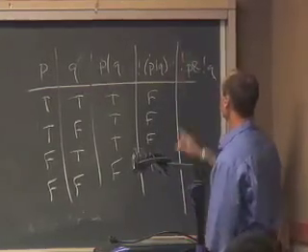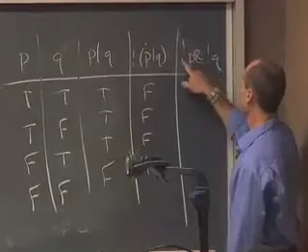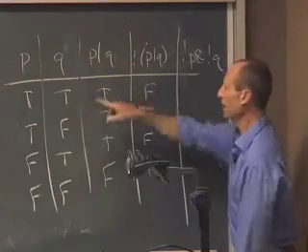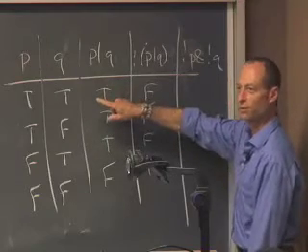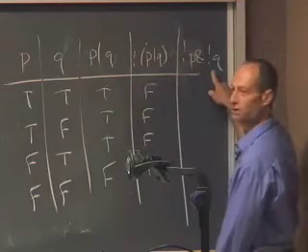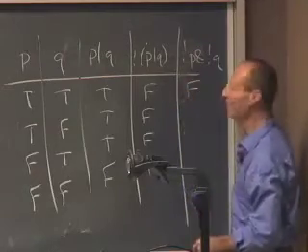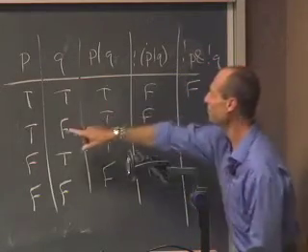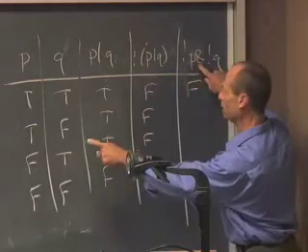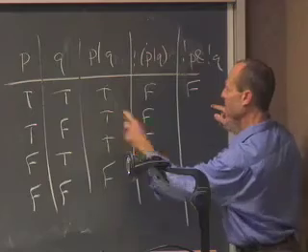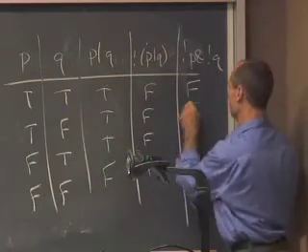Okay, so not P and not Q. In this row, not P is false, not Q is false, and false and false is false. Yep. In this row, P is true, so not P is false, Q is false so not Q is true, so we have false and true, which is false.